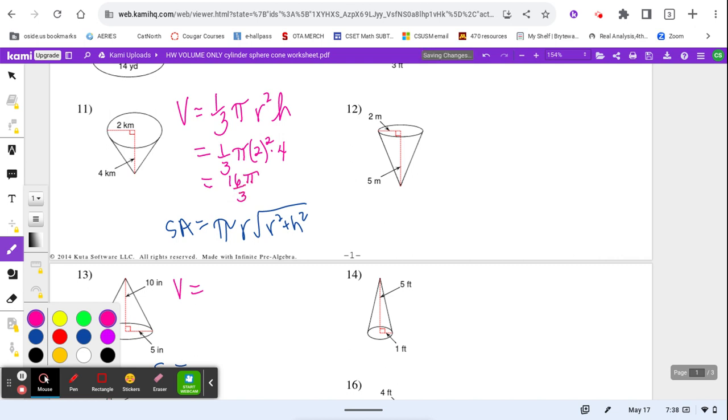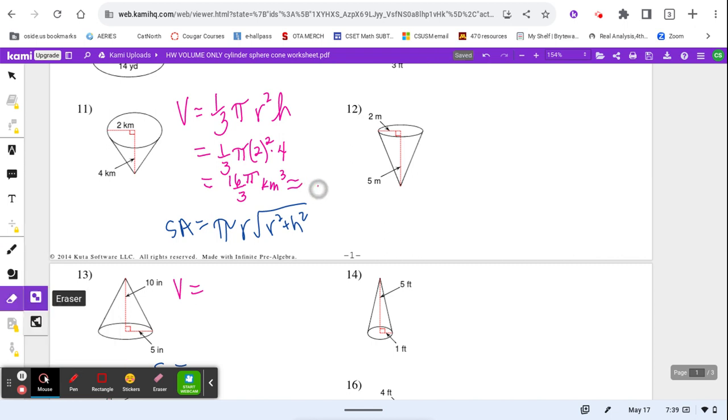So that's my exact answer, kilometers cubed. And now I'm going to plug this into a calculator, and I get 16.76. And this is cubed because it is the volume.